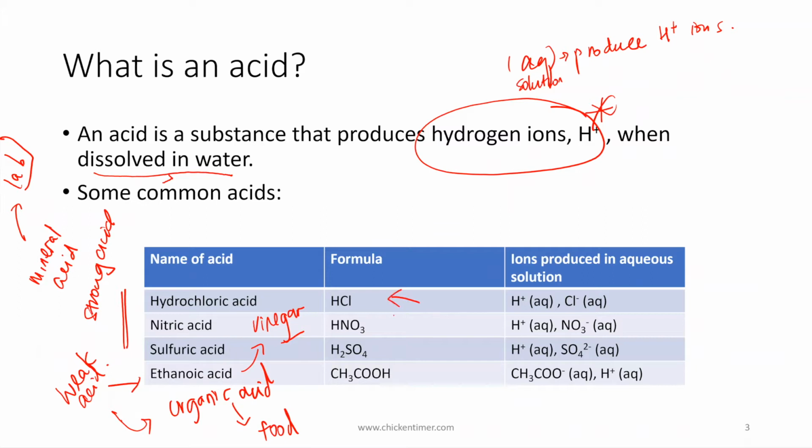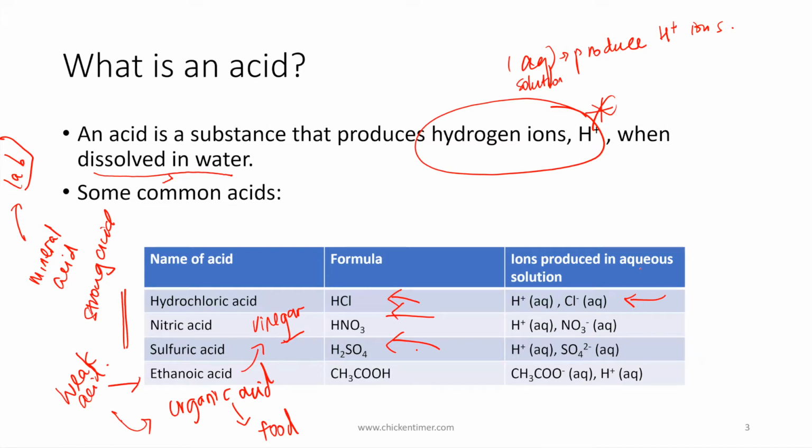You have to remember the formulas for balancing equations later on. Then they might ask you to explain why these substances are acids. You would have to tell them that when dissolved in water, hydrochloric acid produces H plus ions and Cl minus chloride ions.